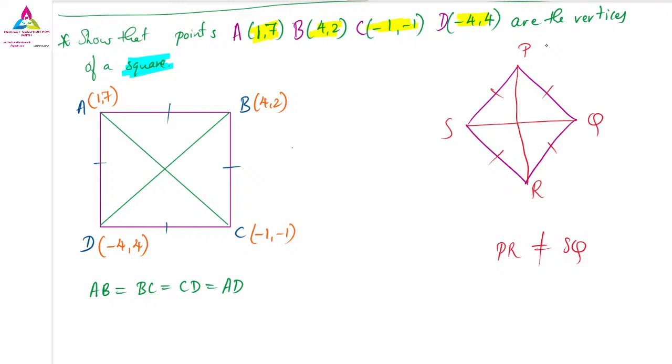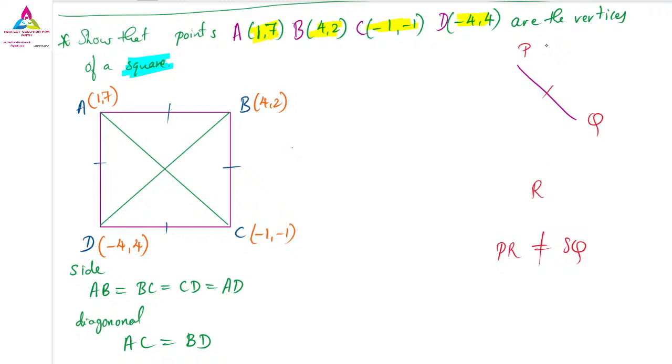Not only that, the diagonal AC must equal BD. Then only can we prove it is a square. Otherwise, if any one of these is not the same, it is not a square, it will turn into a different one. It may be a rhombus or it may be a quadrilateral.